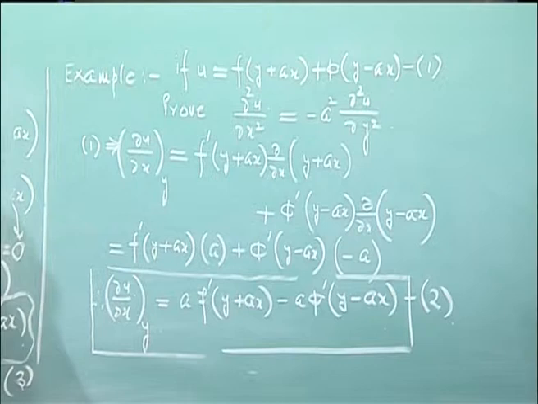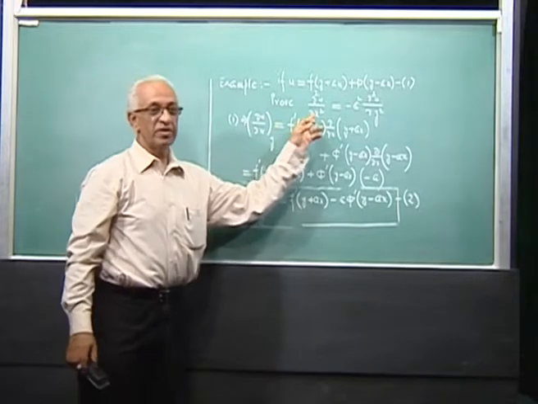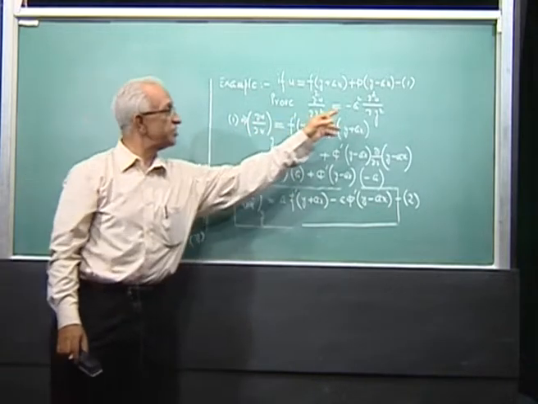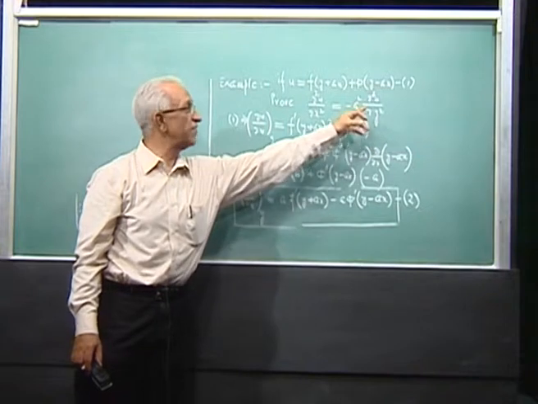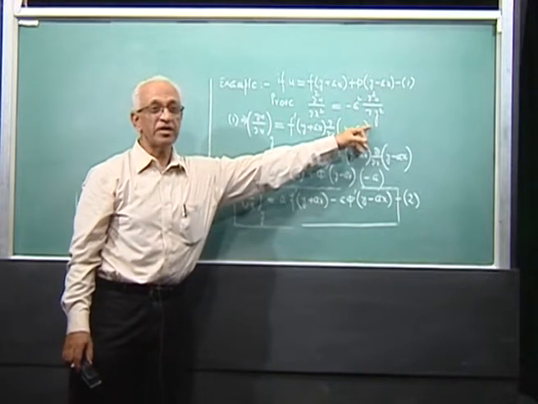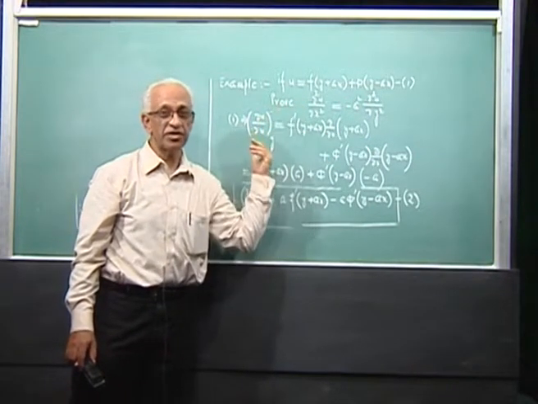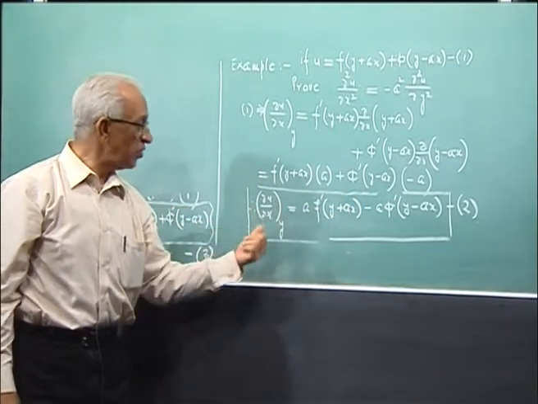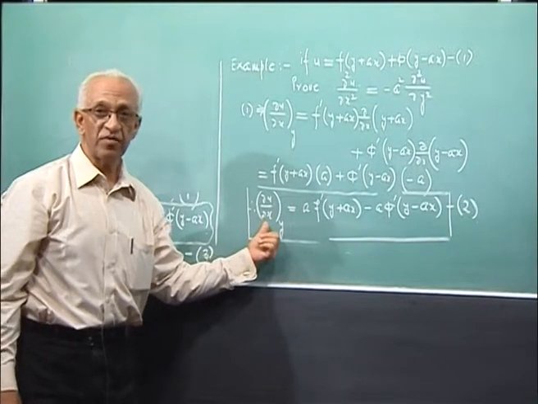Remember, we have to find the second derivative, because the result says that you will be differentiating the second derivative, and you will be differentiating the second derivative also. So you will be finding d2u upon dy square, and you will be taking d2u upon dx square. So equation number 2 is required to be once more differentiated with respect to x keeping y constant.